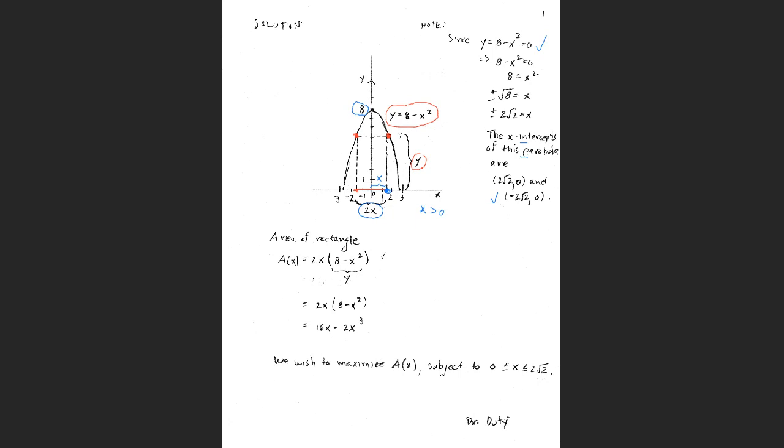If you want to think about x coordinates, and you have to, because y is defined in terms of 8 minus x squared, where x is the x coordinate. The way I have my x here is that x is positive. So the length of the base, which is positive, is 2x. Ian, you almost have to do it the way I've done it. I'm not sure it could be done any other way.